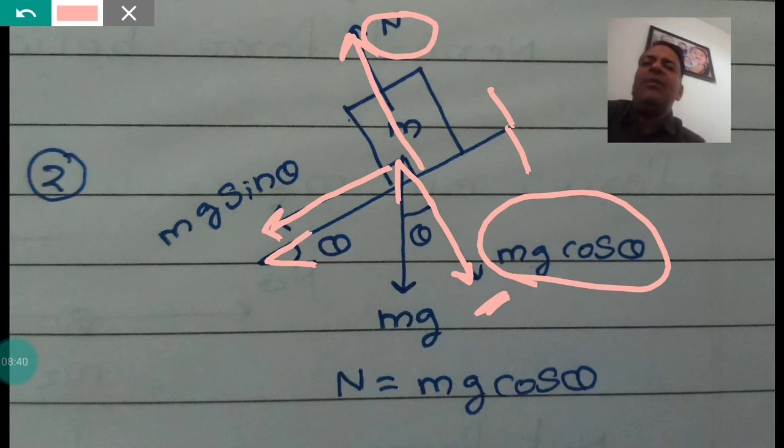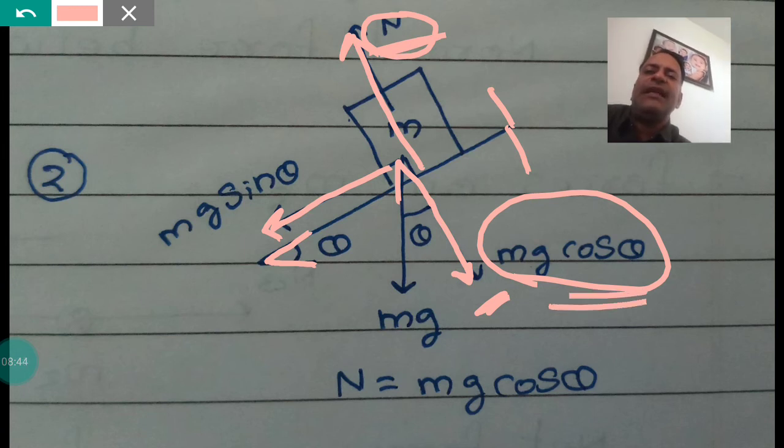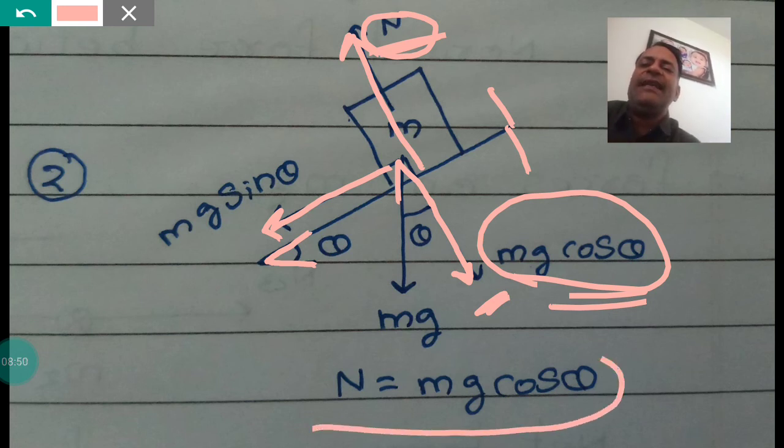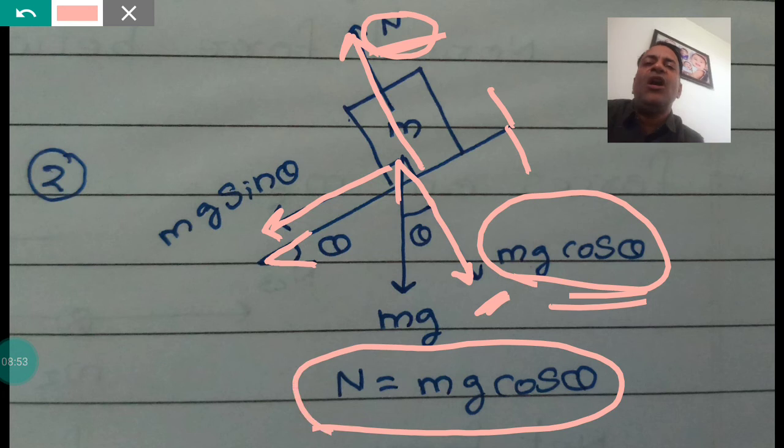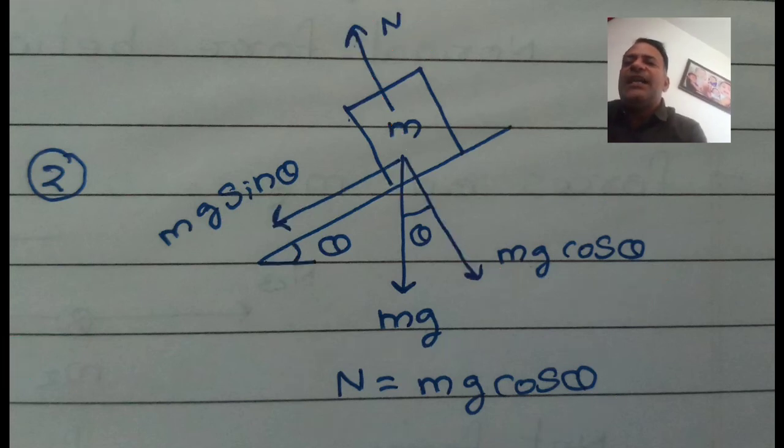What is the obliquely upward force? It is N. And what is the obliquely downward force? It is mg cos theta. These forces are equal and opposite. तो यहां से मुझे पता चल गया that the normal reaction force on this body is equal to mg cos theta. Got that? Okay, now we take one more example of normal reaction force.